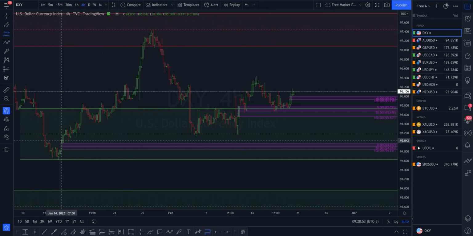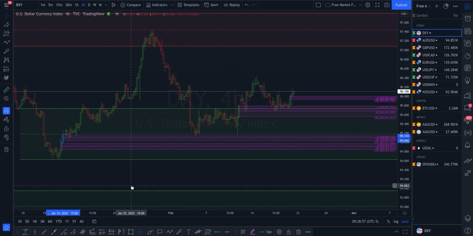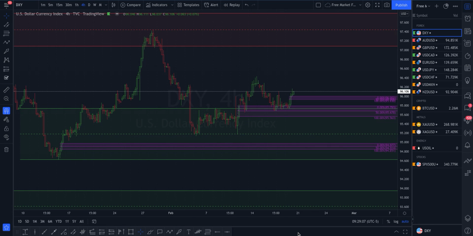We do have imbalance here, but I like to take a look at the more extreme imbalances, and furthermore, this imbalance has been completely filled here, so I'm going to delete that. Now we can see where price may want to come back to fill in these gaps.